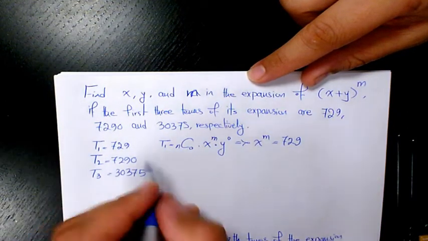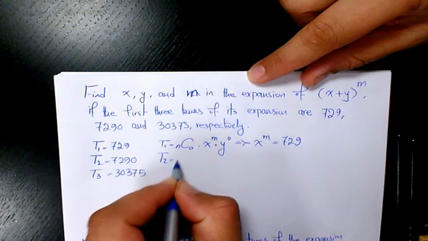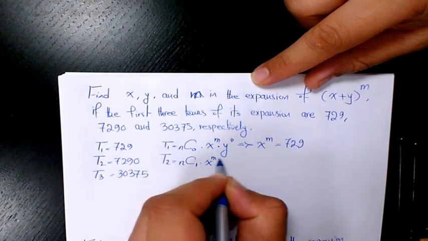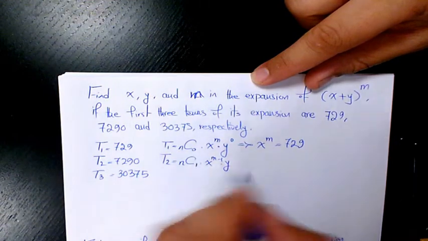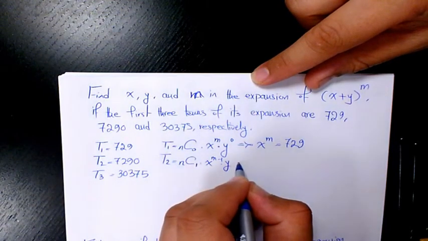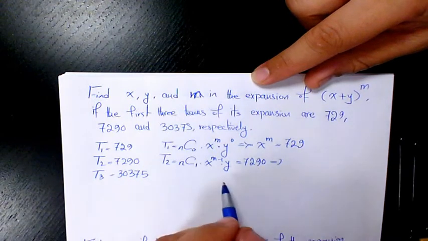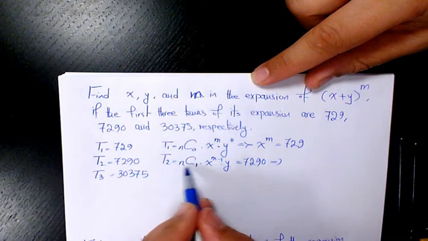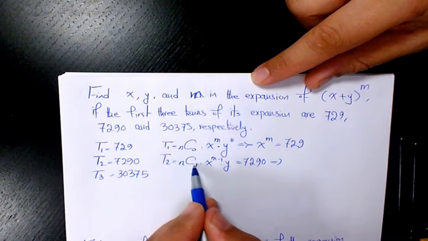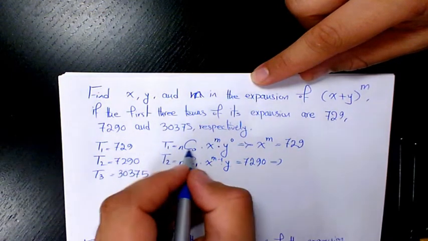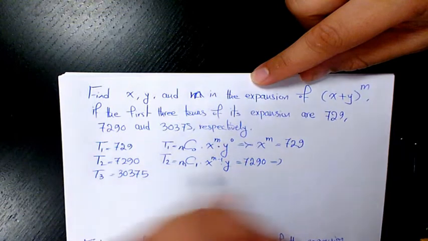Now T2 is nC1 x to the power of m minus 1 times y to the power of 1 equals 7290. Actually the exponent is m, so I need to change it to m.